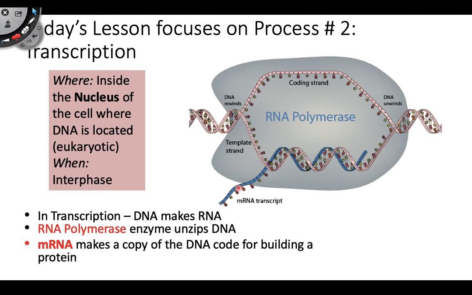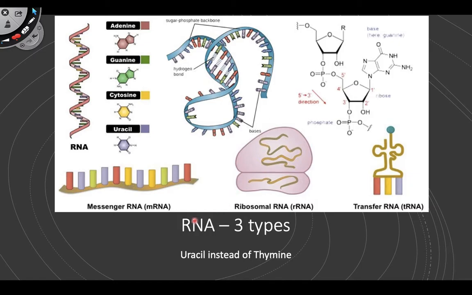So what are the three types of RNA that are made? So this is the first one, mRNA, but there's two other types of RNA that are made. There are three types of RNA in total. So mRNA is the first one. mRNA is a linear form of RNA. Keep in mind that the nitrogen bases found in RNA are A, G, C, and U. Remember, there is no T in RNA, uracil instead of thymine.